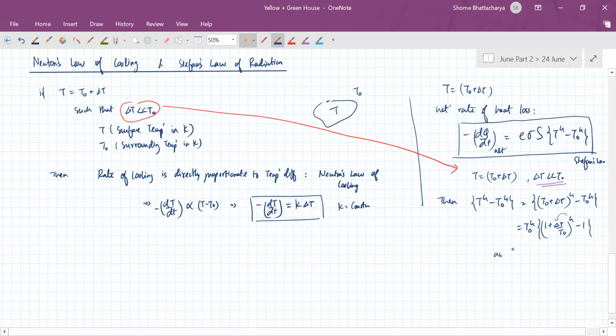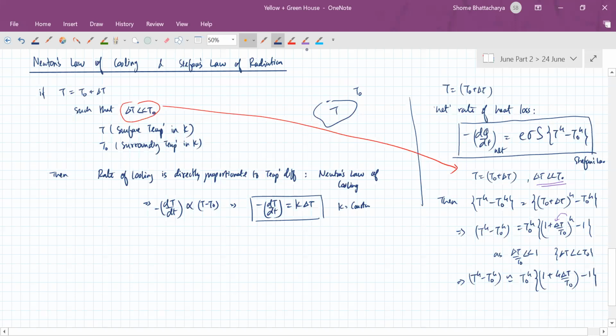As delta T by T naught is small compared to 1, we can approximate this term as T naught to the power 4 times (1 plus 4 times delta T by T naught, minus 1).